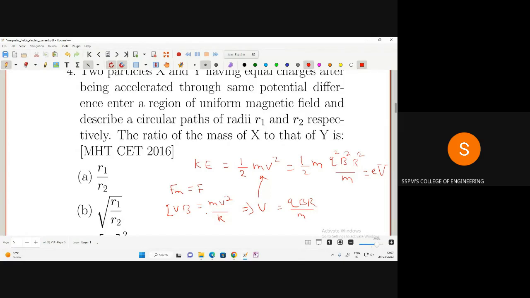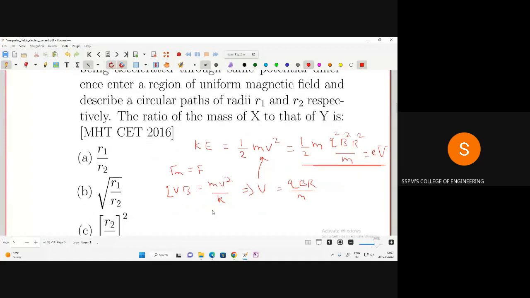The potential is required for acceleration of the charge, and e is the charge on the particle. Now rearrange the terms to get the equation for R squared. Using this equation, you find out R squared.